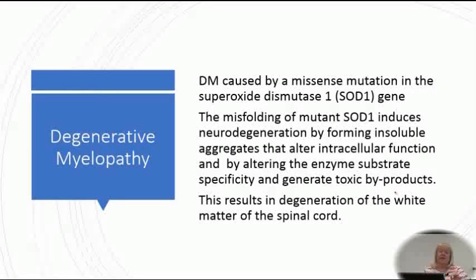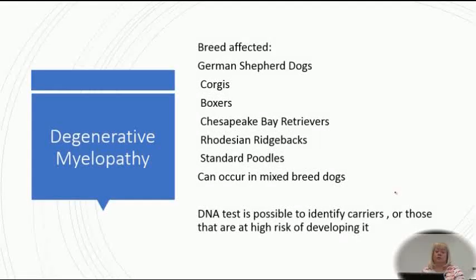And what they do is they generate toxic byproducts. And these toxic byproducts result in degeneration of the white matter of the spinal cord. So the cause is really genetic. And these are the breeds that we tend to see affected: the German Shepherd dogs, the Corgis, Boxers, Chesapeake Bay Retrievers, Rhodesian Ridgeback. But it can also occur in mixed breed dogs.